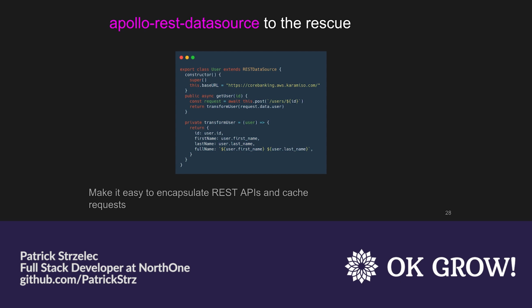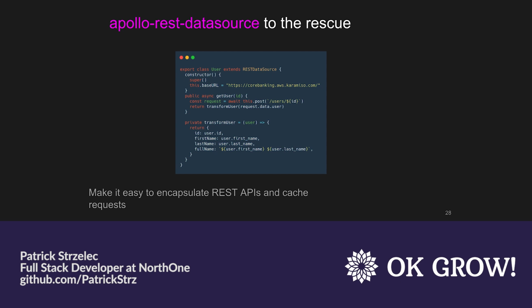I mentioned I was going to talk about Apollo REST in the talk description, so I'll go over this very briefly. Essentially, this helps us achieve that separation of concerns. Apollo REST data source is just an NPM package, and it's an HTTP client that provides some caching and helps you encapsulate your endpoints.